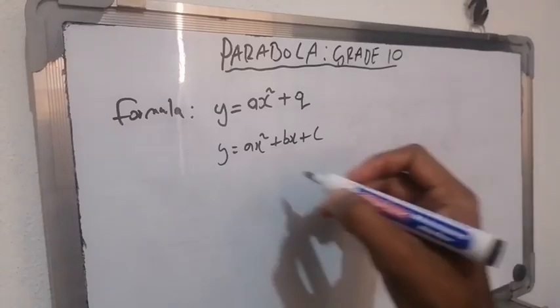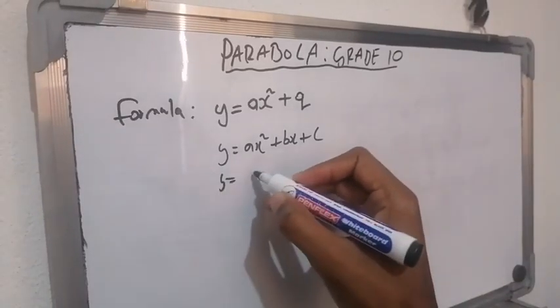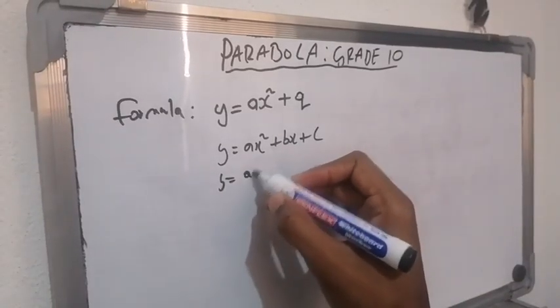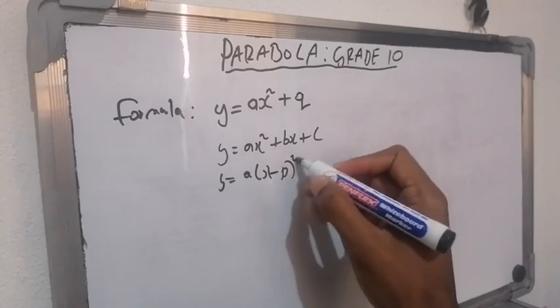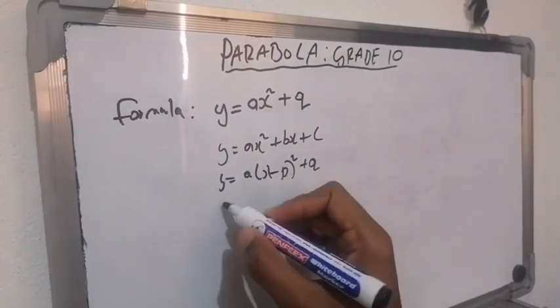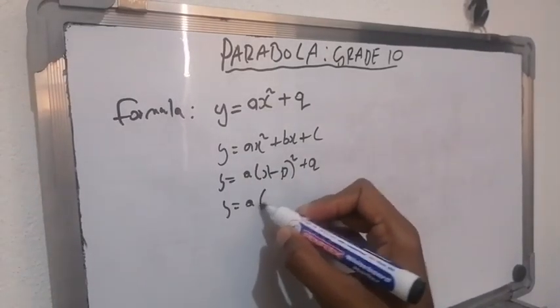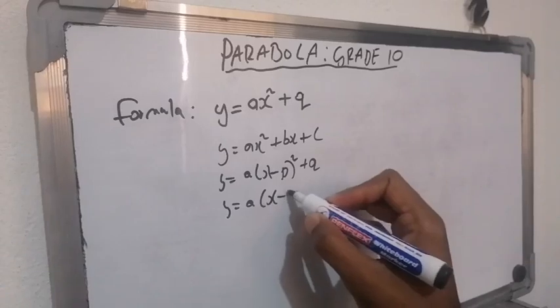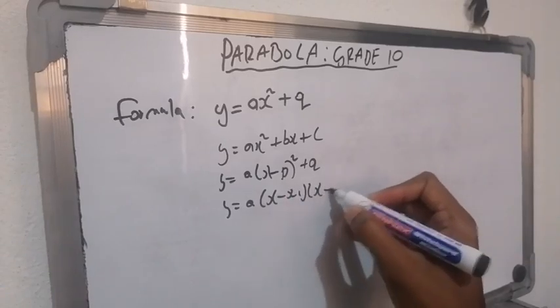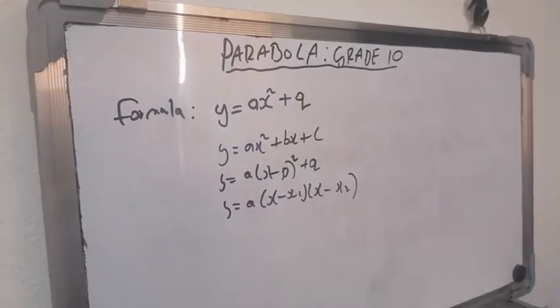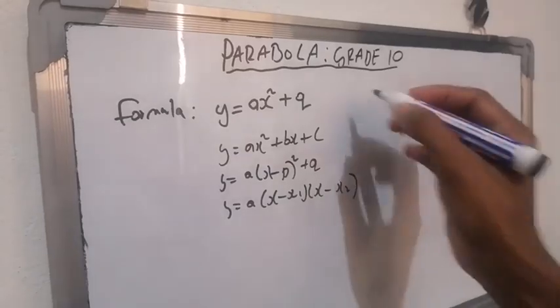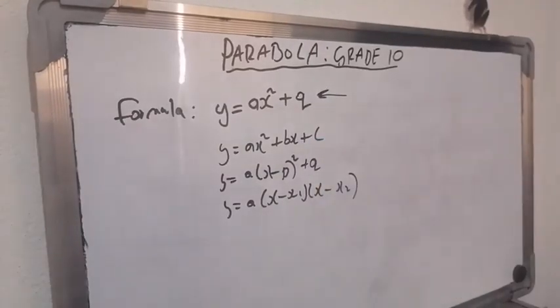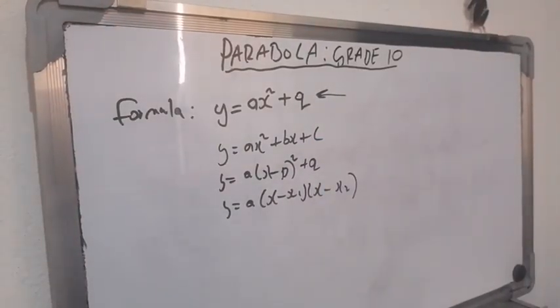It can also be in this form, a into x minus p squared plus q, or in this form, a into x minus x1, x minus x2. I'm just giving you a highlight of what grade 11 will entail.